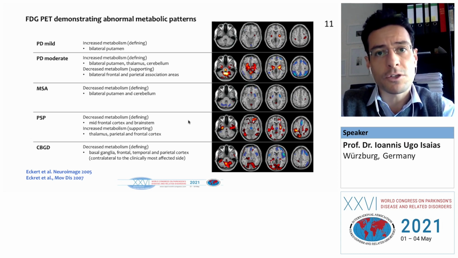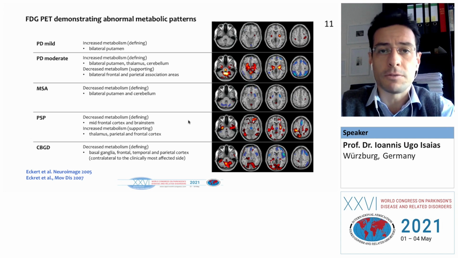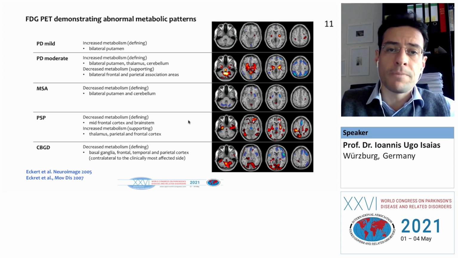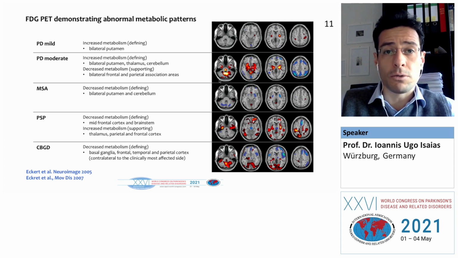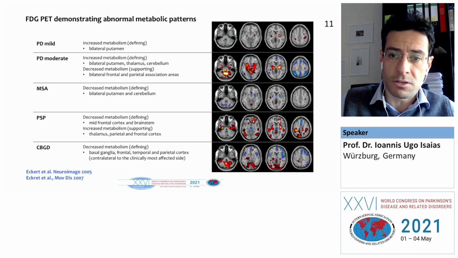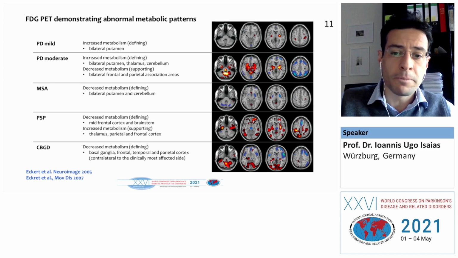So after the injection and a waiting time of 10 to 15 minutes, when we are performing PET images, we can clearly identify some areas of increased glucose uptake or decreased glucose uptake. And here on the right side in the figures, red is increased and blue is decreased.